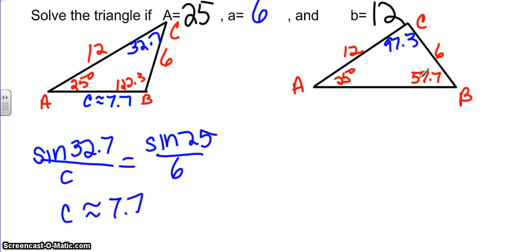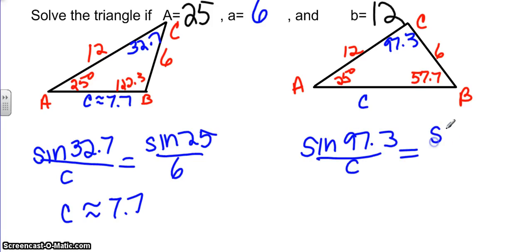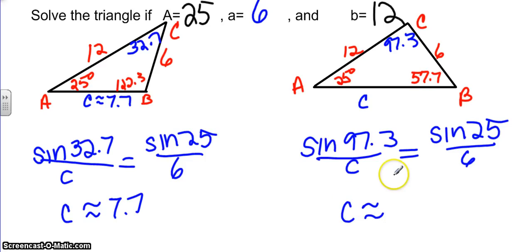So that's angle C, and then I need to find side C, and I can use the law of sines to do this. And then use the calculator to find little c. So side C is approximately 14.1.